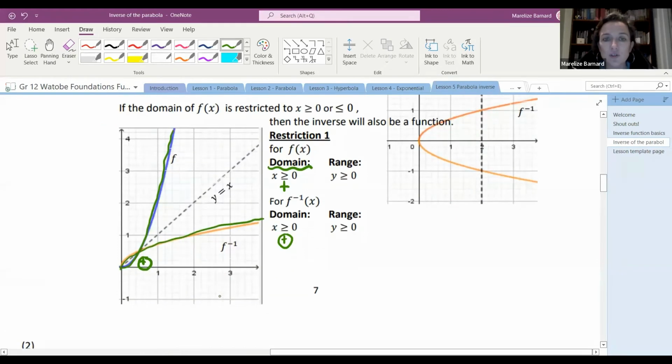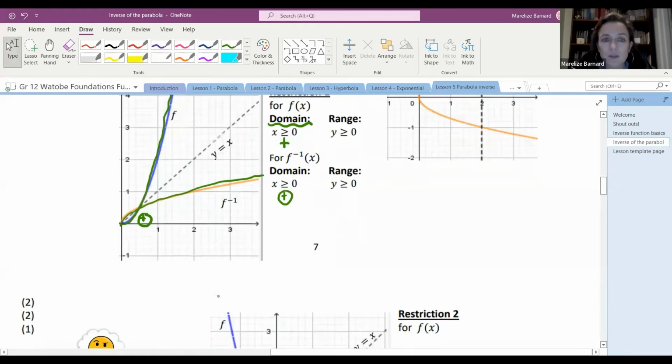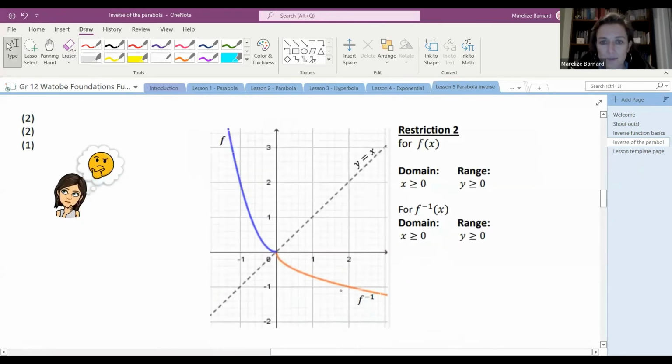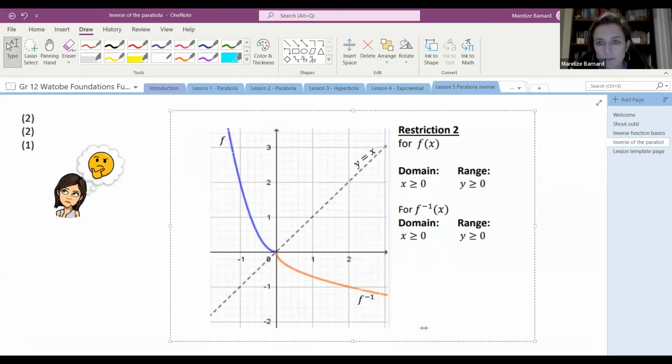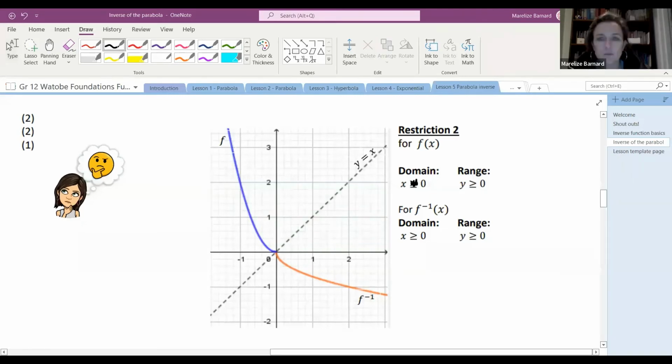And then we can do the same thing with the negative values. That's still fine. Okay, so the other restriction, that's what this option looks like.